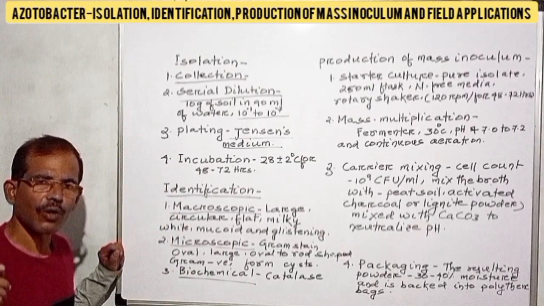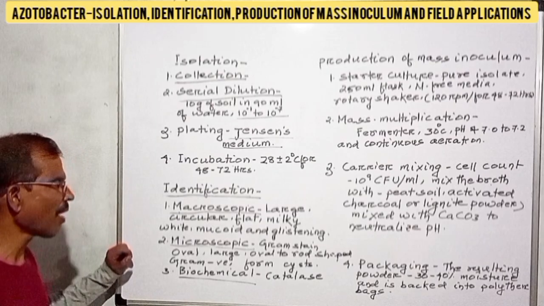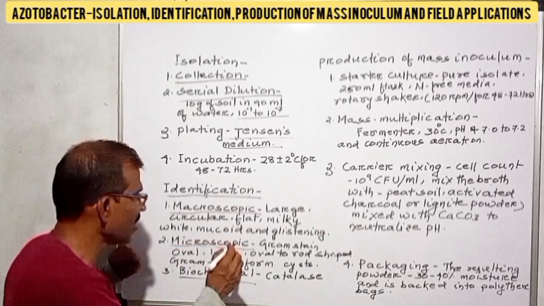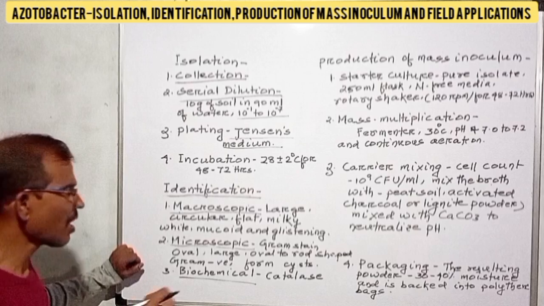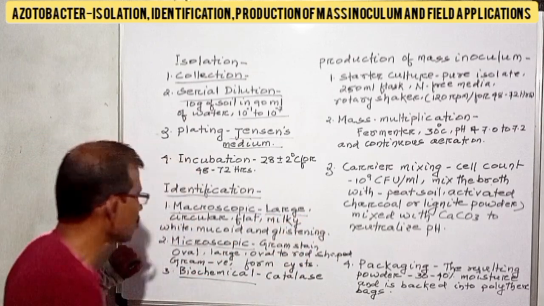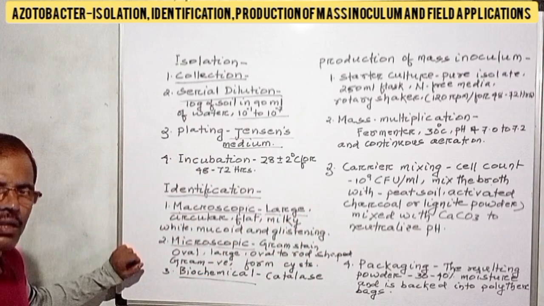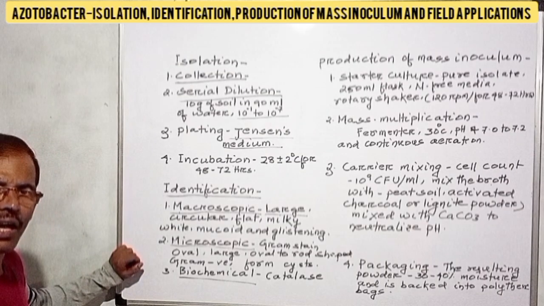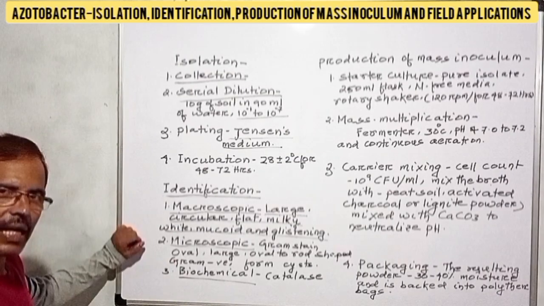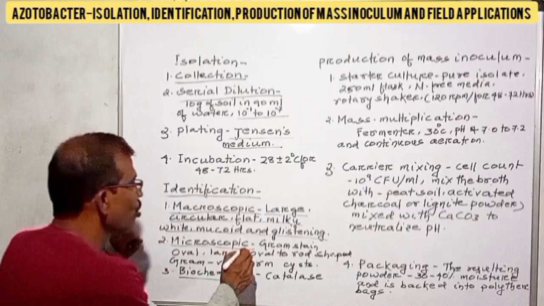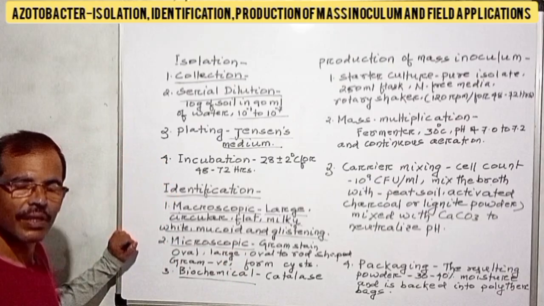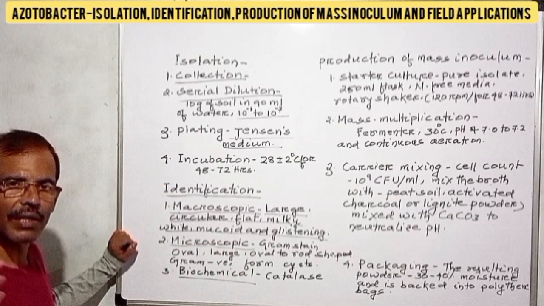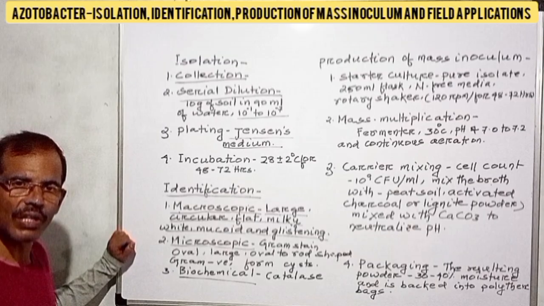Macroscopically, the colonies can be identified based on their size. The colonies are usually large, circular, flat, milky white, mucoid and glistening. Second method is microscopic examination. Azotobacter can be identified by gram staining. They are gram negative.